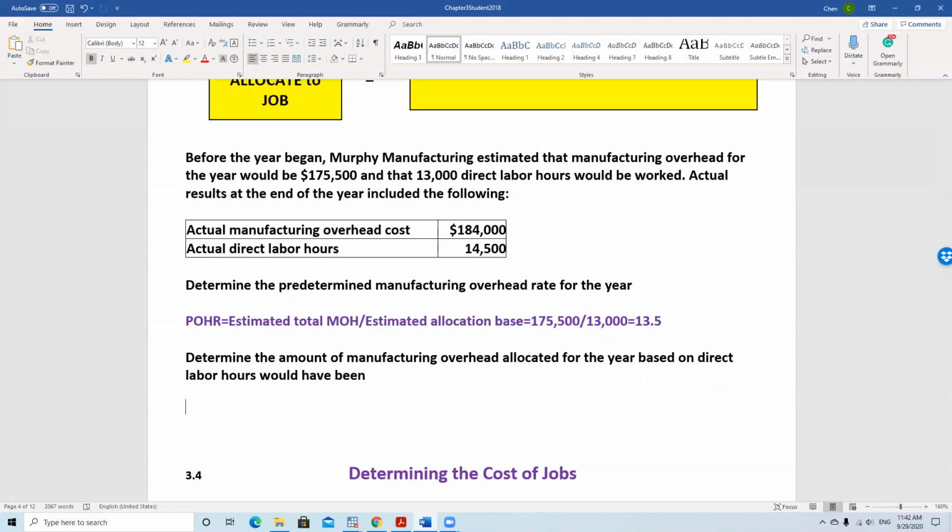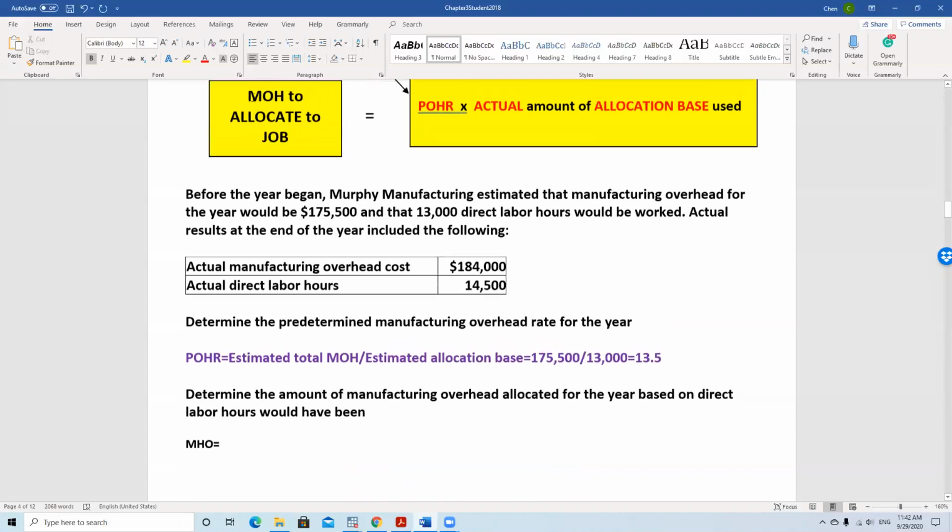All right, so next, determine the amount of manufacturing overhead allocated for the year based on direct labor hours worked. We know how to calculate MOH to allocate to the job. We have to use the predetermined overhead rate times actual. Pay attention.